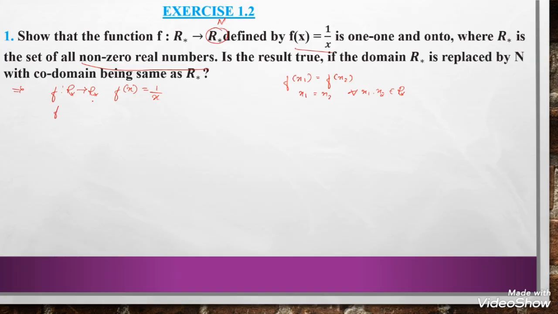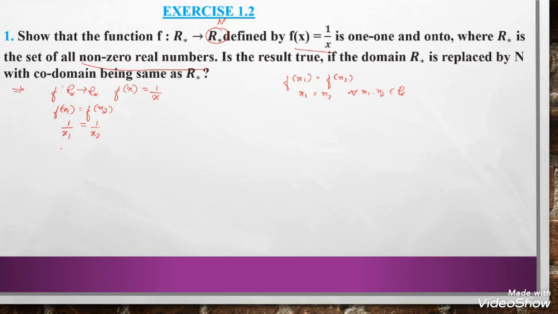For f of x1, replace x by x1, so f of x1 is equal to f of x2. According to the definition, f of x is equal to 1 by x, so I replace: 1 by x1 is equal to 1 by x2.